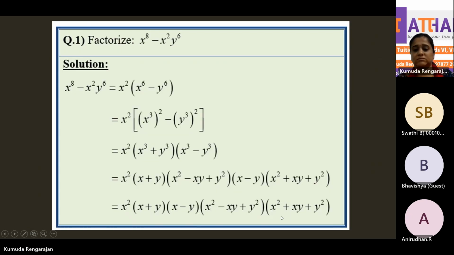Then of course arrange it. Last step, I've arranged it.